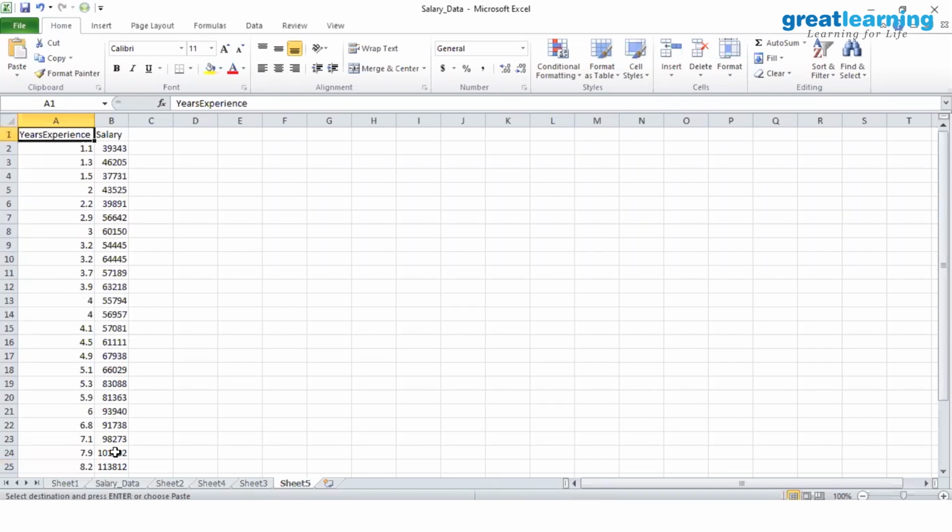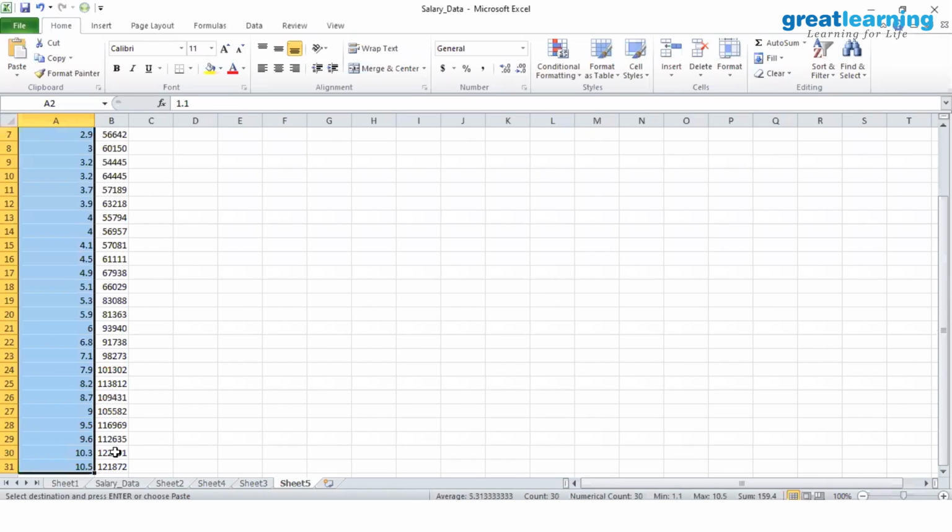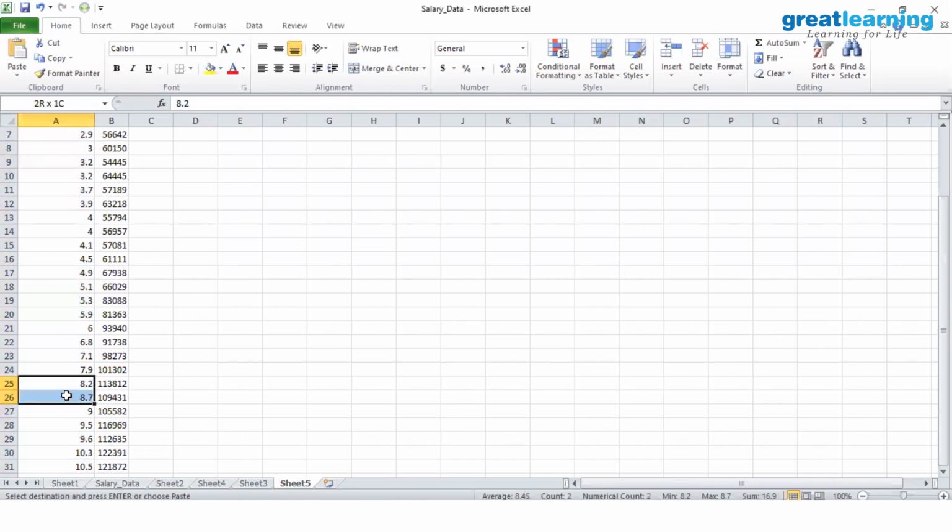Applying the same concept to our regression, my model will be able to predict for a new person who comes only within an experience of 1.1 to 10.5 years. If a person comes with an experience of 8.5, I'll be able to predict the right salary for him.